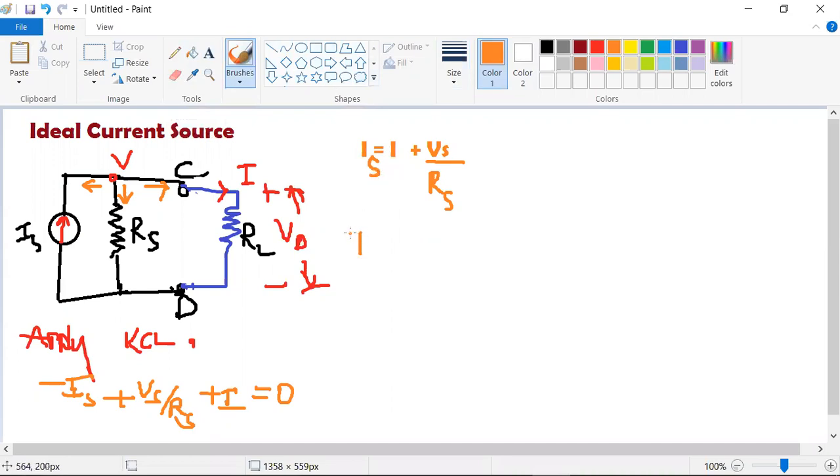Then you write I equals minus 1 by RS into V plus IS. Let me write this equation as equation 2.